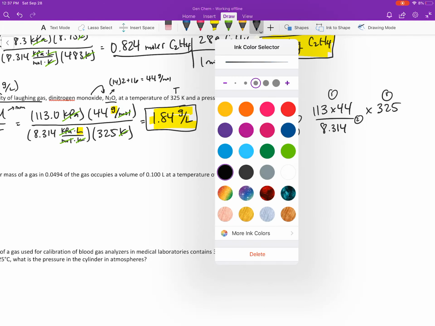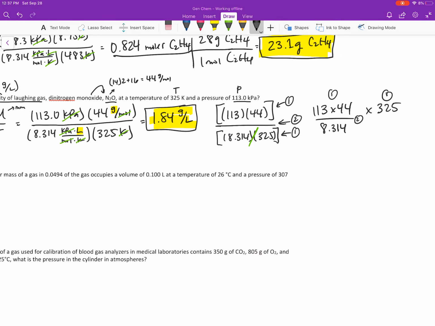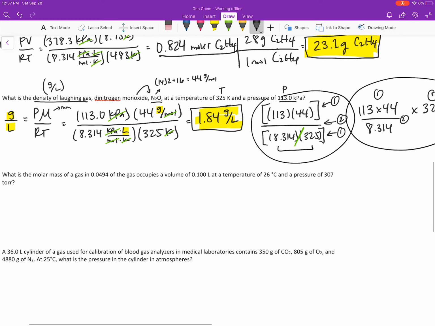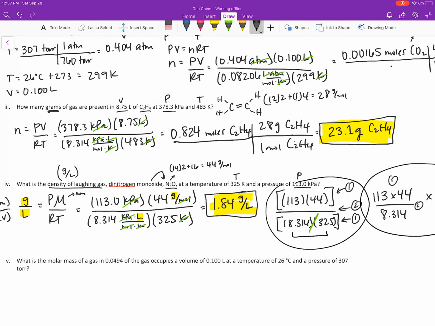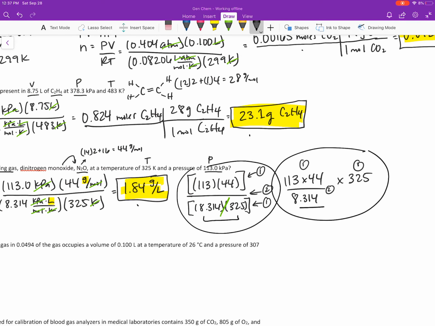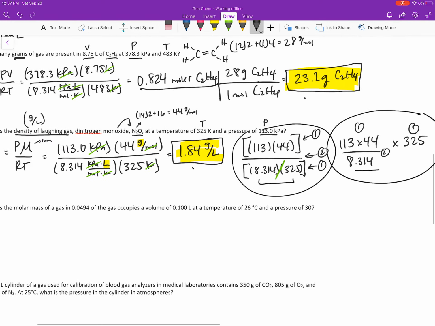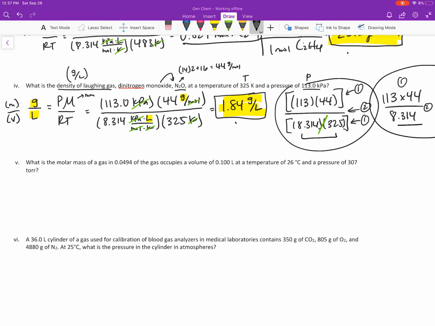I didn't mean to change that to blue. Because it's not understanding that this needs to stay together. So you need to figure out, is your calculator one that understands this is happening, or is your calculator doing this? And this is a great opportunity to check that, because if you're not getting the answers that you see here, it's probably because your calculator doesn't understand, because you're not putting enough parentheses.